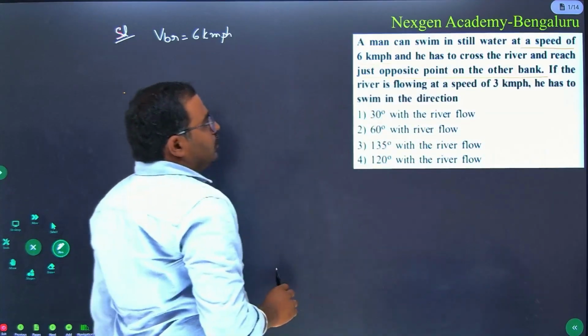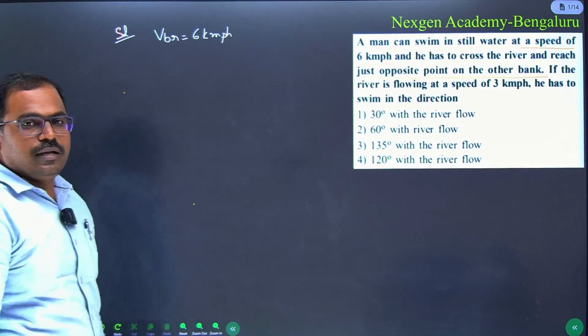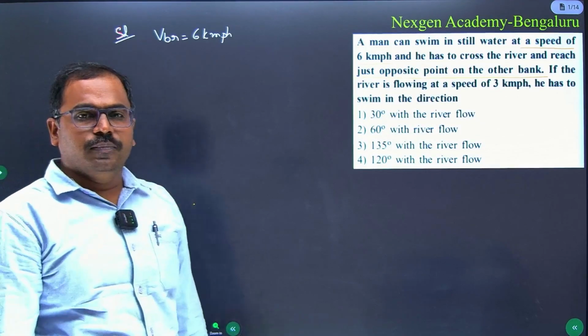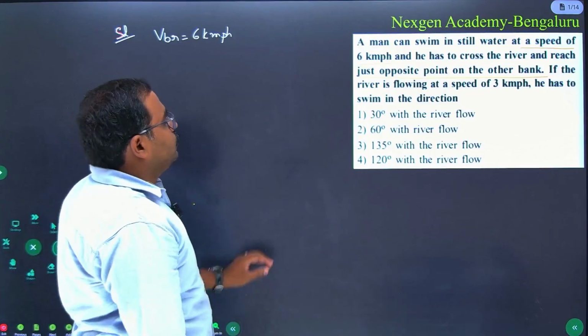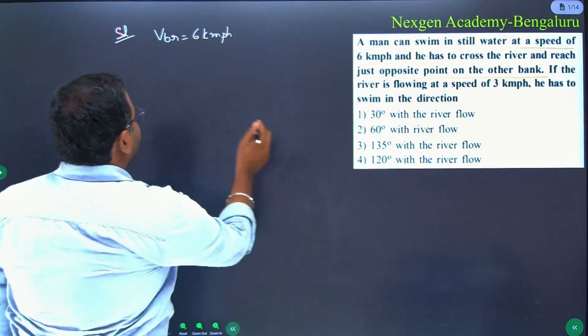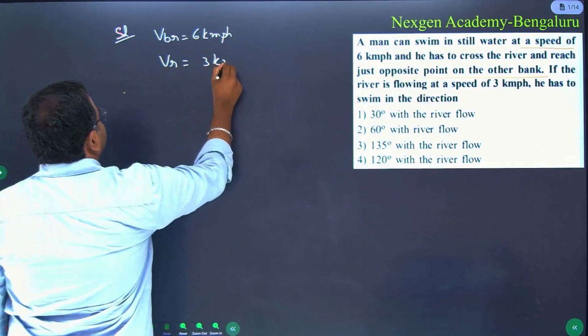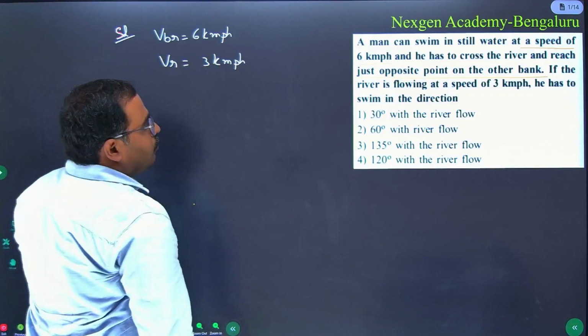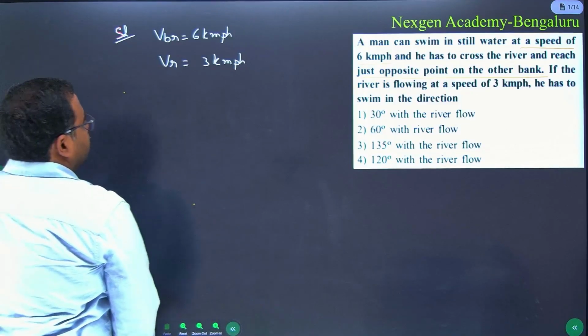So the person is traveling across the river along the shortest path, so we have to apply that formula. The river is flowing at a speed of 3 kilometers per hour. What do we have to find? He has to swim in a direction that we have to find.